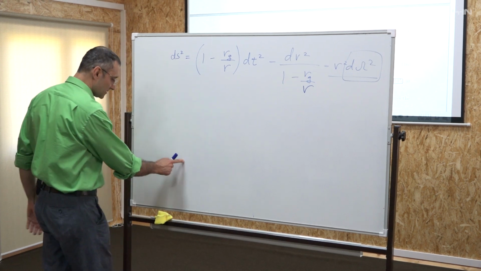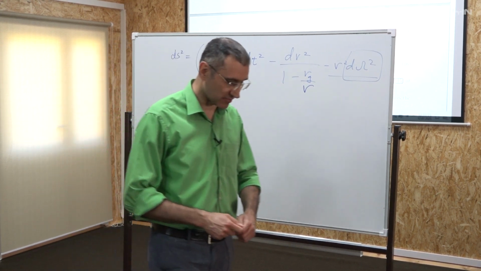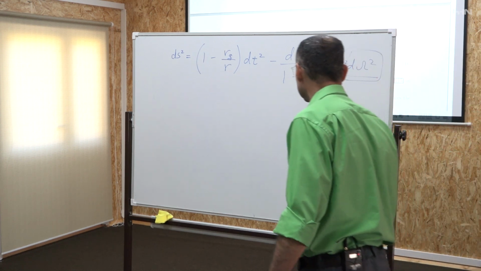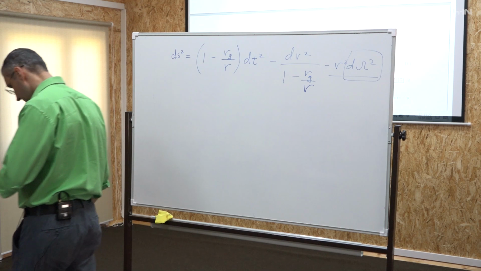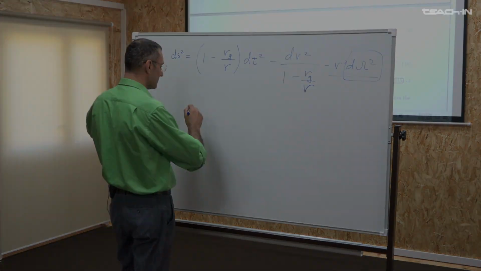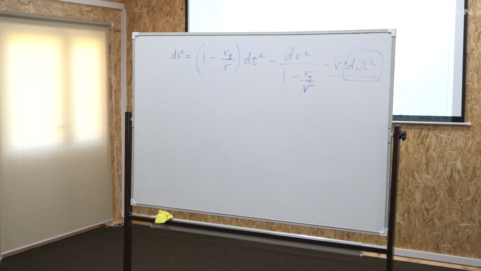I continue with the Penrose diagram for the black hole. Actually, there is a coordinate transformation in this metric. Let me do the following.